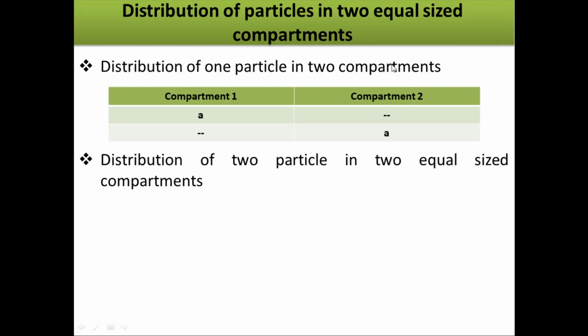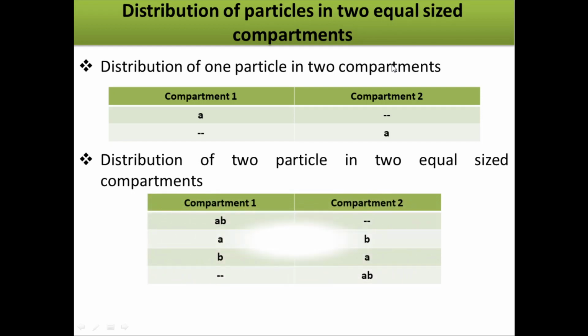Now in this case we throw two particles into a box divided into two equal size compartments and see in the table how they are distributed. First, if both A and B particles are in compartment 1, then compartment 2 will remain empty. Second, if particle A is in compartment 1, then particle B will be in compartment 2.